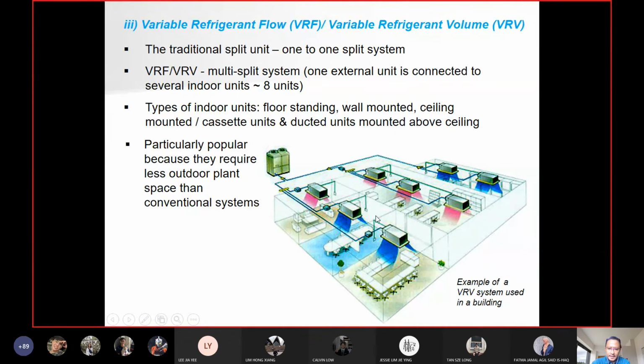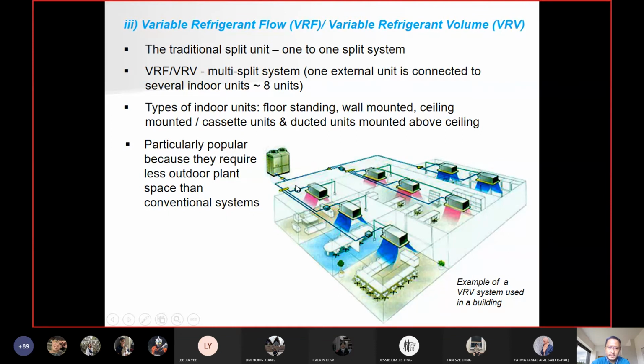Just imagine, in this case, you have 8 indoor units, but only 1 outdoor unit, which is quite huge. Imagine if you use traditional split: when you have 10 indoor units, you also need 10 outdoor units. You need to arrange the outdoor units.